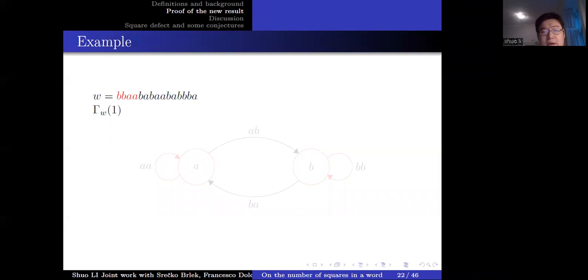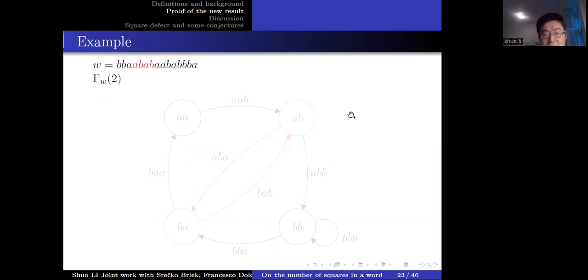Well, here I will just show you an example of how our theory works on the particular word W that had been shown before. If we let W be a word like this, then first of all, the 2 squares BB and AA will be identified respectively to these 2 small secrets.